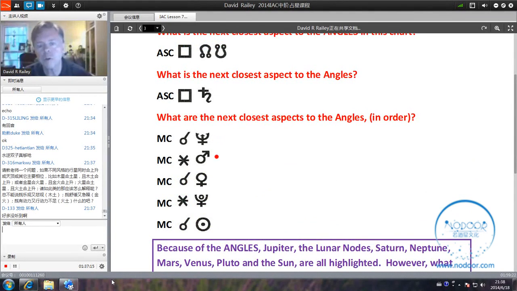Okay. So let's look at these aspects to the midheaven and think about what they might mean. The conjunction to Neptune on the midheaven means what? This is someone who is an idealist in their career. Someone who may be inspired in their career.